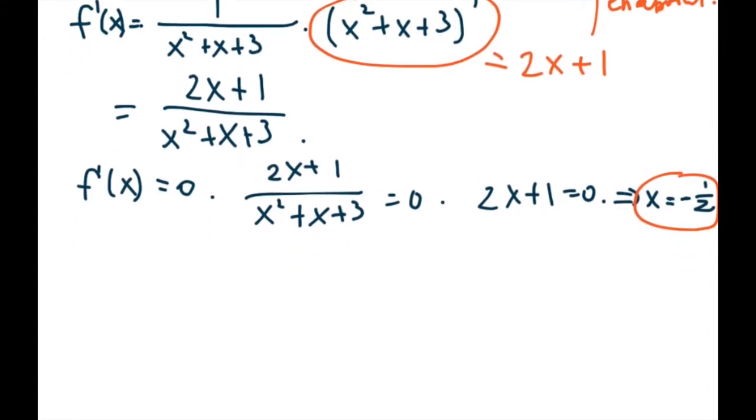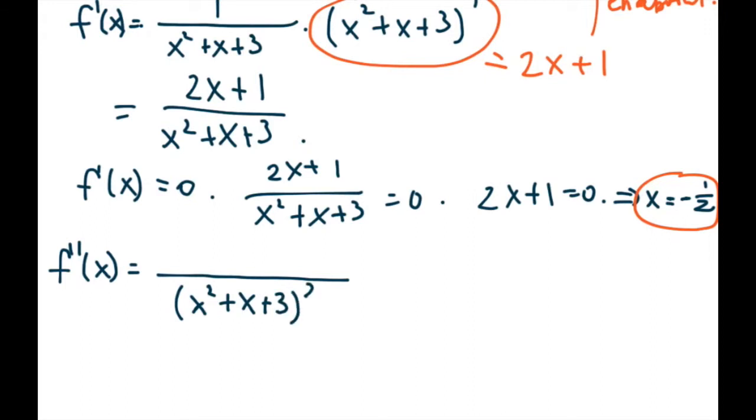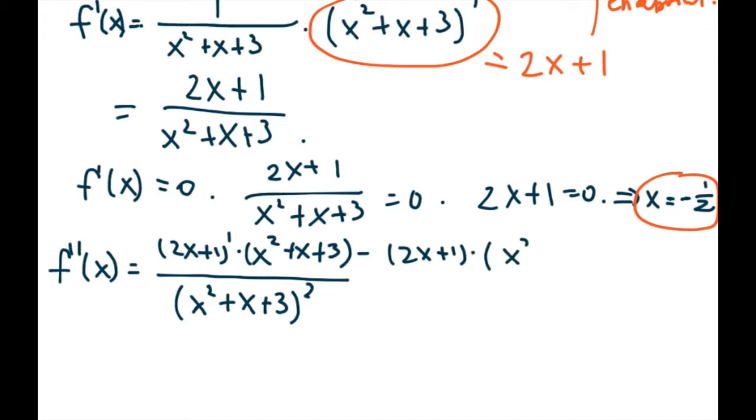So we're going to use the second order derivative test. That means we're going to find f double prime. Because this is a fraction function, we're going to use the quotient rule. The denominator is x squared plus x plus 3 squared. And for the numerator, it is the derivative of the original numerator times the denominator, minus the original numerator, 2x plus 1, times the derivative of the original denominator.